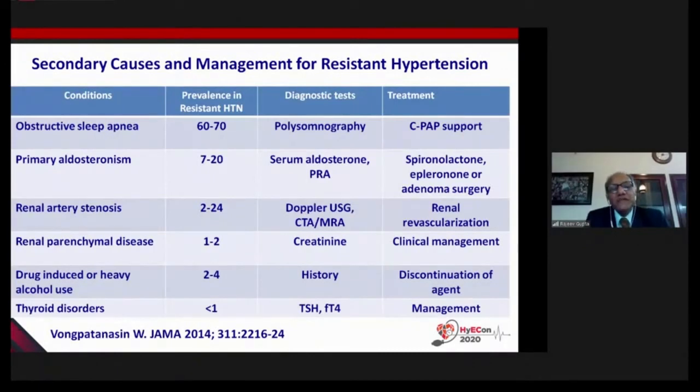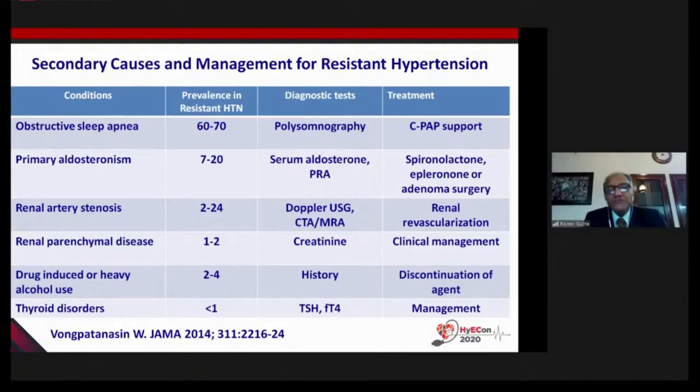We also need to manage secondary causes of resistant hypertension. We all know obstructive sleep apnea, and these are data from the US. Almost 60% of patients have resistant hypertension. Polysomnography is important, and CPAP support. For primary aldosteronism, we already know we can give spironolactone, eplerenone, or do adenoma surgery if there is an adenoma.